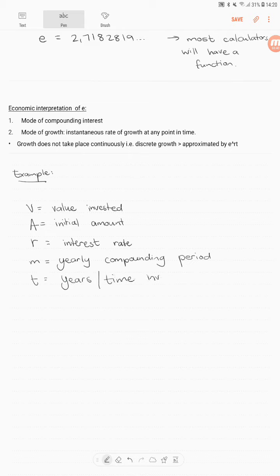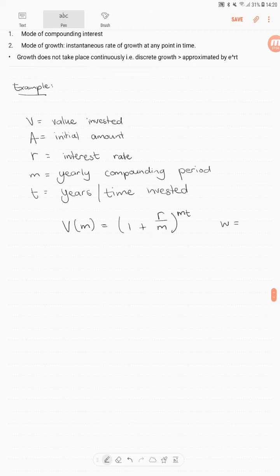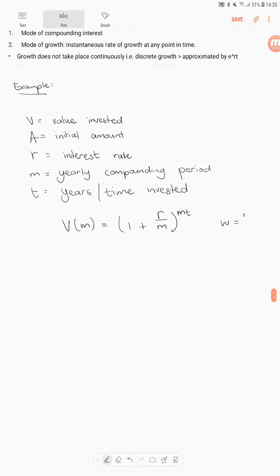So we have our function V of m is 1 plus R over M to the power of mt. Let W from our previous period be M over R. So what happens to this function?